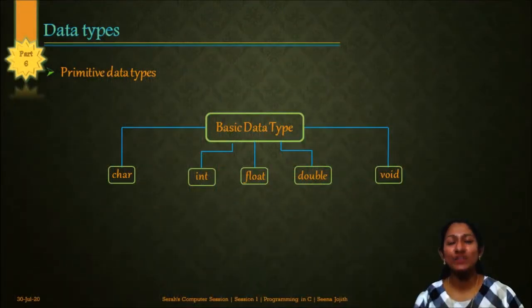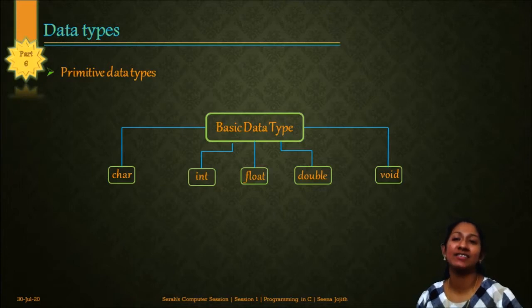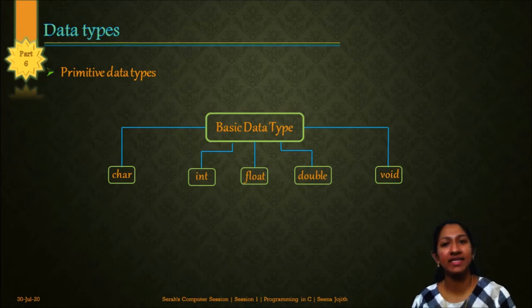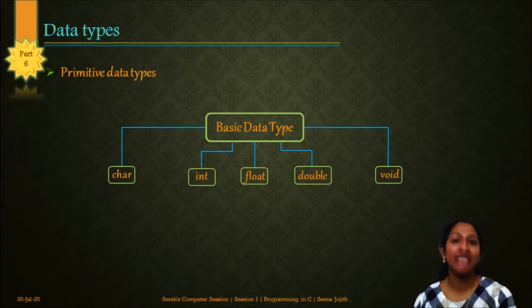I had closed my last session with this slide in which I have depicted the different categories of basic data types. So today in this class, I will be teaching the different sizes as well as the range of values that are given for these basic data types, as well as modifiers that can be used along with the data types.